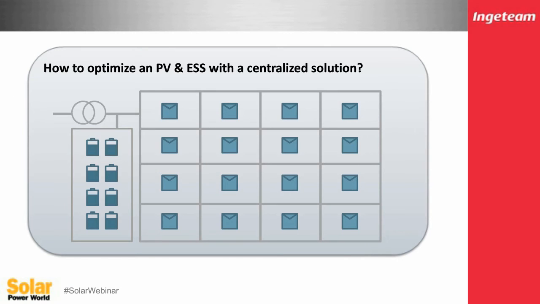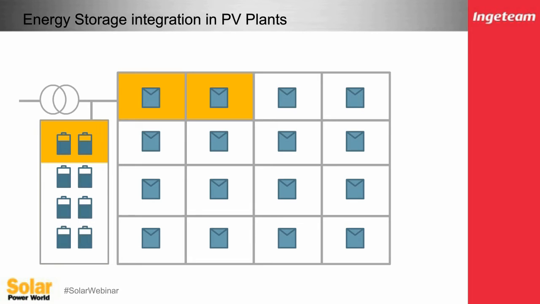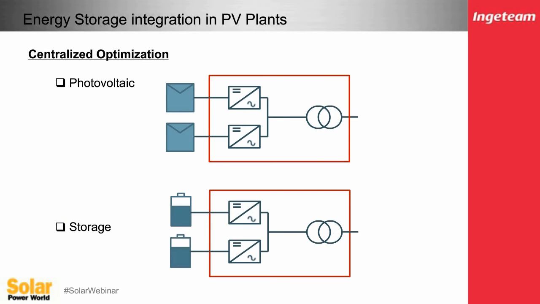Now, how can you further optimize that centralized solution? If you take into account just the DC batteries and just the PV array, how can you optimize each system? In the PV, because they're the same inverters, we have the capability of connecting up to 3 PV inverters or 3 battery storage inverters into a single low voltage winding of a step-up transformer.